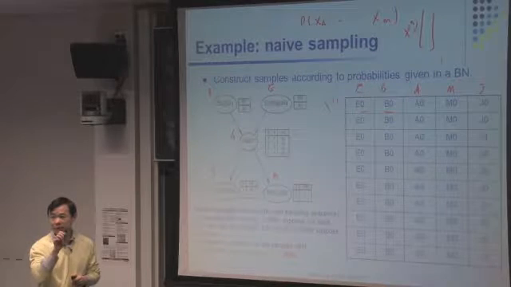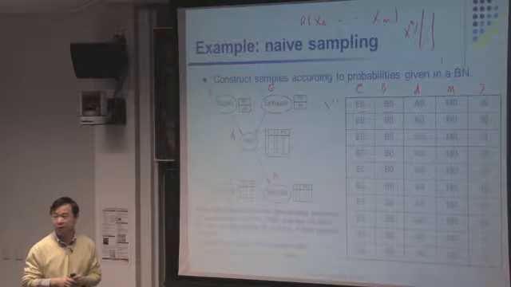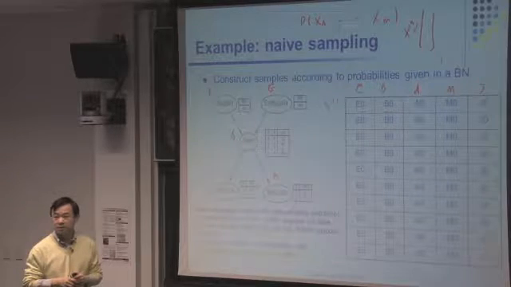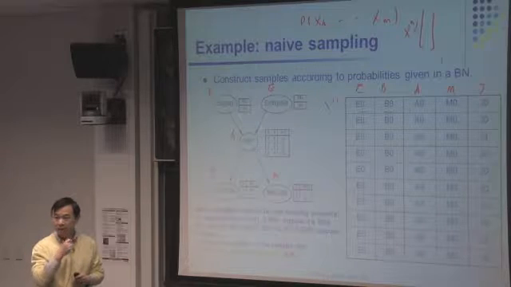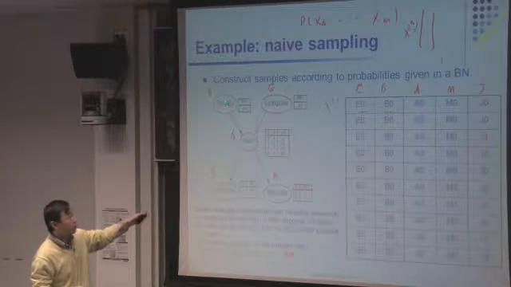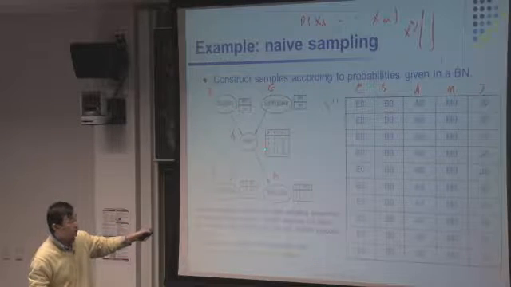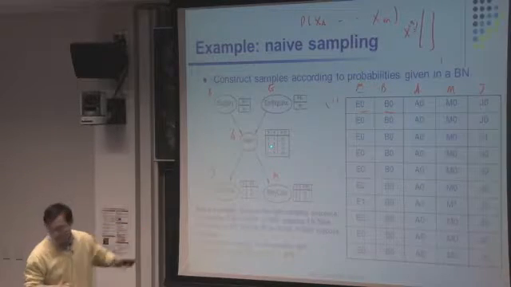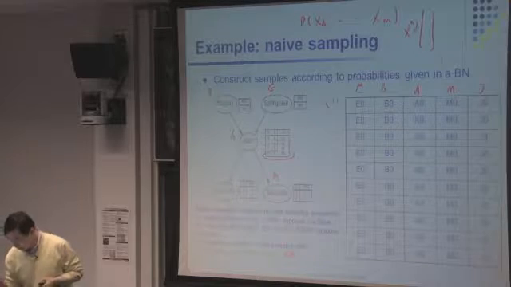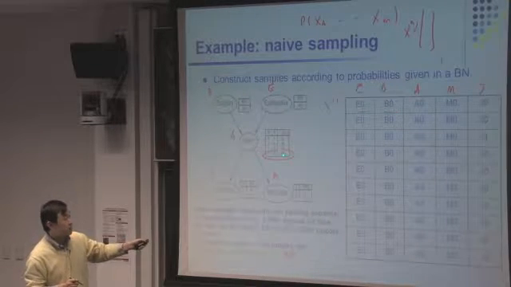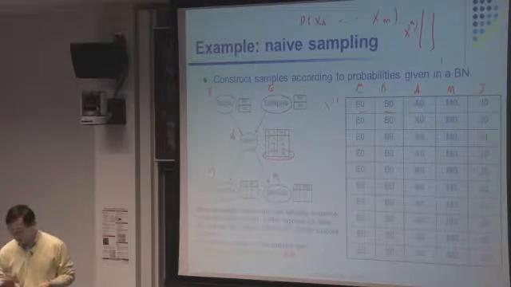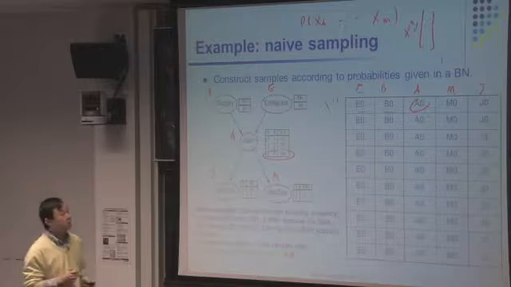How are you going to pivot into this table and use the right distribution to draw? Exactly. Based on the sample I drew from the parents, right? We already have a 0 here, a 0 here, therefore it should be false, false, it will be this one, right? And then we're going to start drawing the value of this based on that distribution. Again, it's likely to be a 0, which is happening here, and so on.